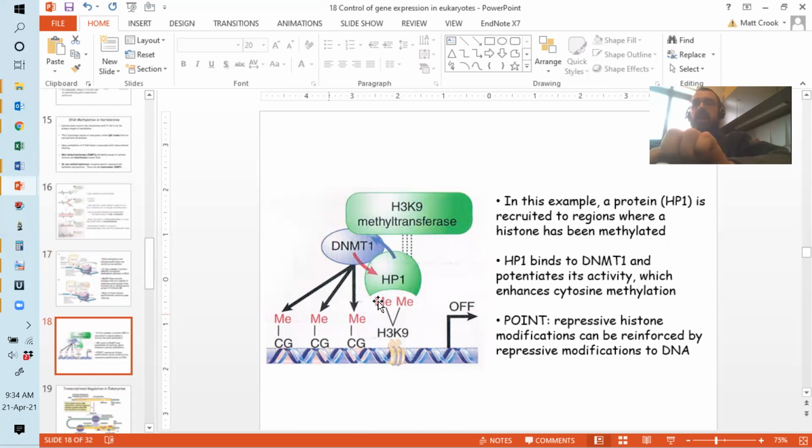And so you can see how we've got a histone that's methylated, recruits a protein HP1 that then interacts with our histone methyltransferase, which may reinforce that methylation, maybe on other histones in the nucleosome or nearby. But it also interacts with our DNA methyltransferase, which then methylates those cytosine residues, right?